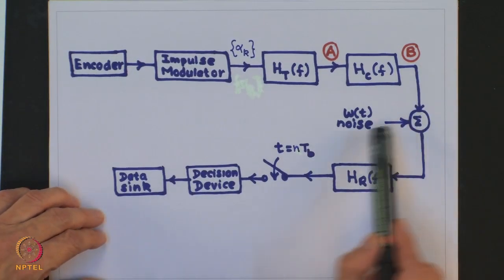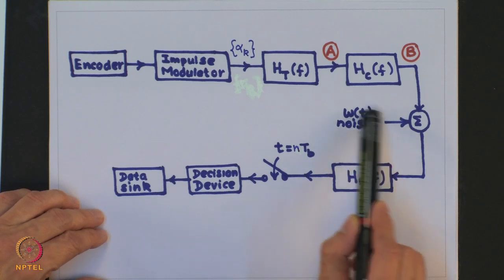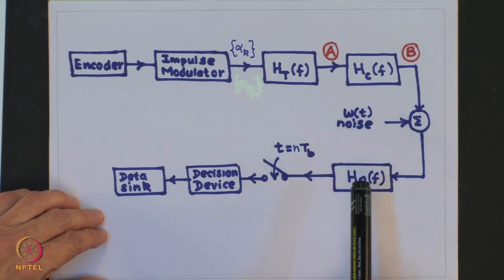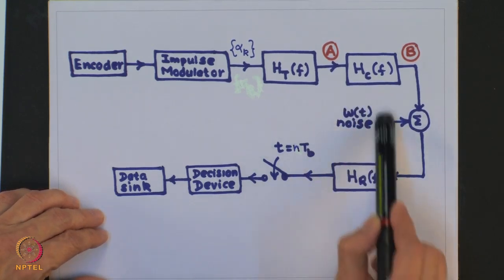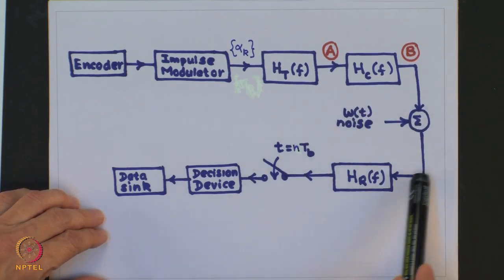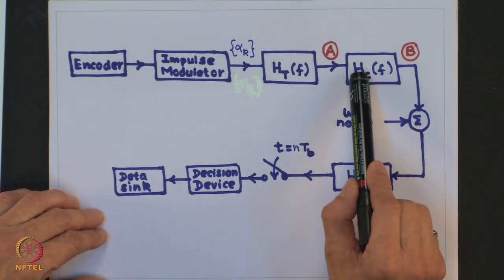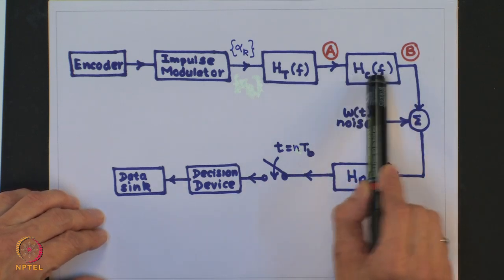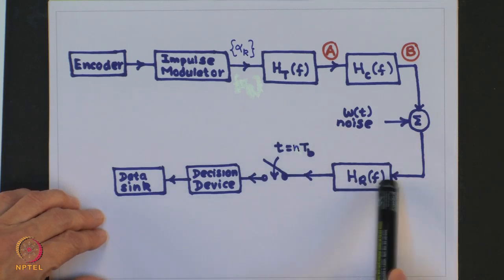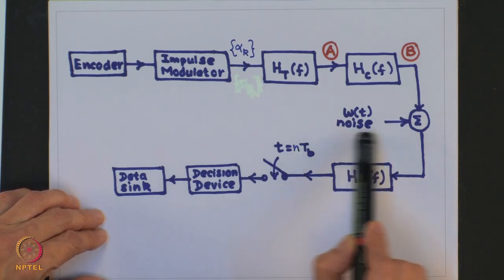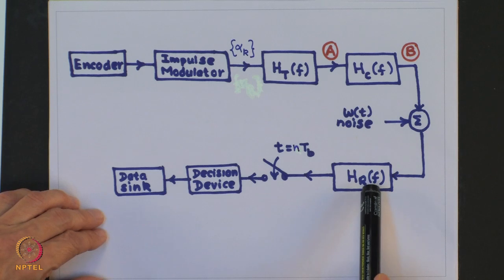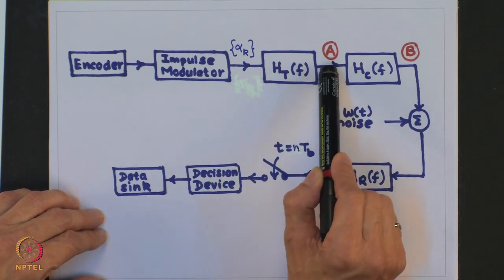Then on the channel we have noise added to it as WT, usually you will choose additive white Gaussian noise. Then at the receiver we would have a receiving filter. In the absence of, say, HCF, if you choose HCF to be equal to 1, then your HRF, we have shown that for additive white Gaussian noise, this would be a matched filter to the pulse which is coming out at this point.